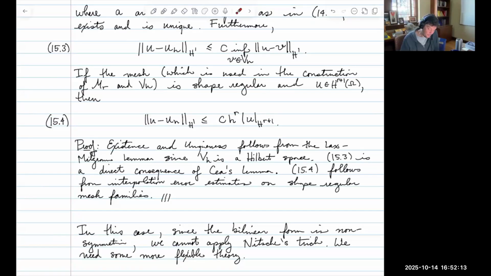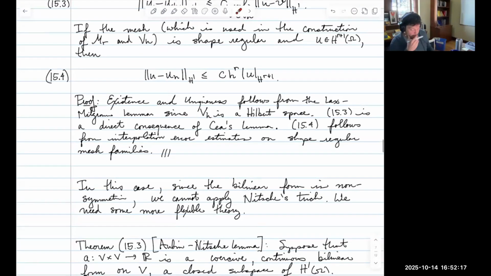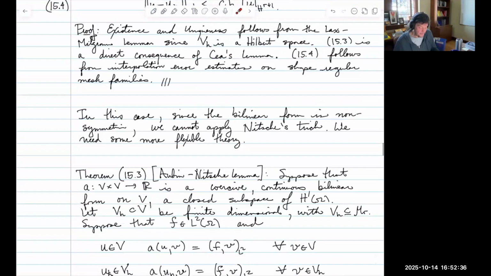Now, in the symmetric case, we argued that we could get an L2 error estimate. And so the next question that might pop into your mind is whether it is possible to get an L2 error estimate for this problem. That's the next thing we want to investigate.